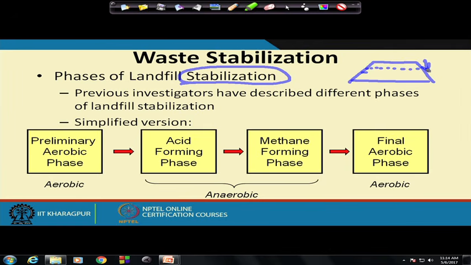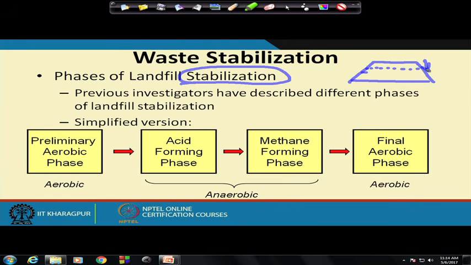I was lucky to have met him. He did a lot of work in this area, and these boxes come from the research done by Professor Poland over a few decades. So here is a simplified version.